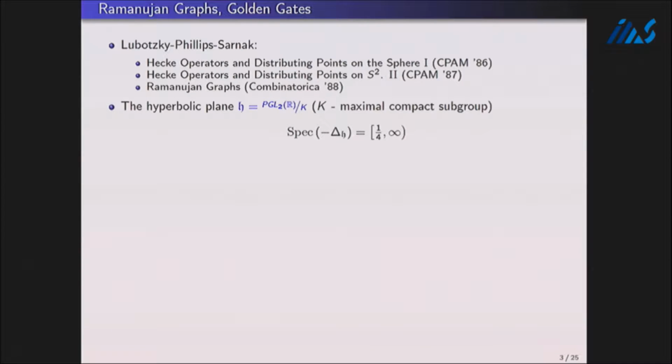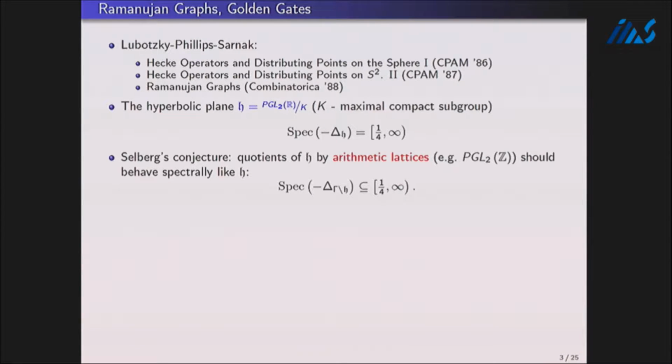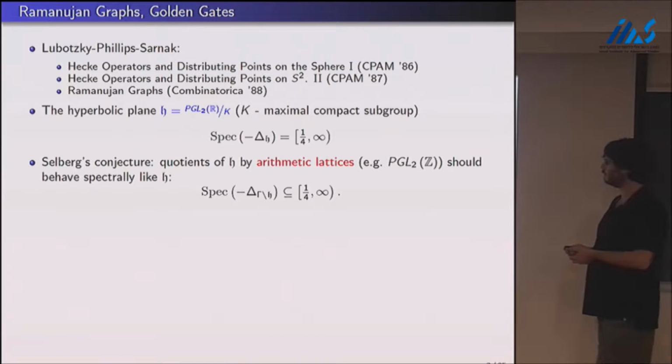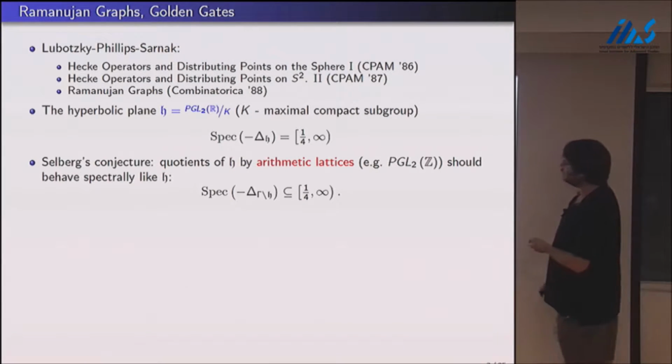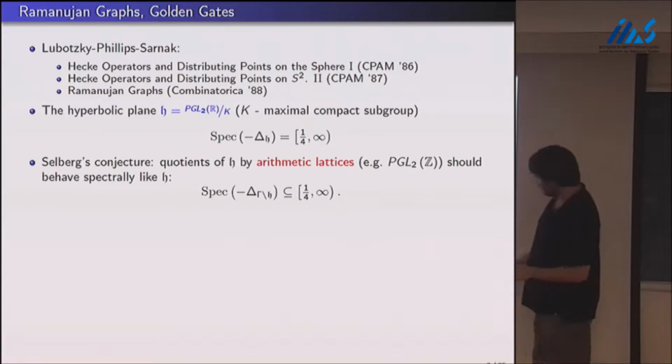And then Selberg's conjecture was that if you take quotients of the upper half plane by arithmetic lattices, things like PGL2Z, you should get surfaces which spectrally behave like the upper half plane. So the spectrum of the Laplacian on the upper half plane modulo the lattice should still be in the same ray.